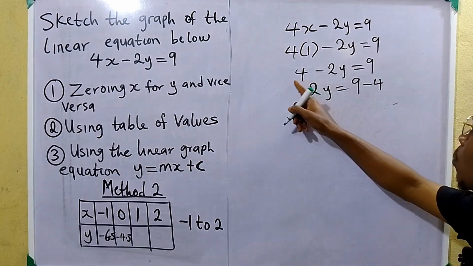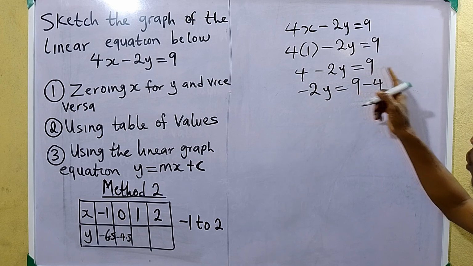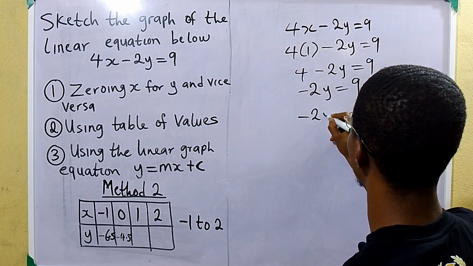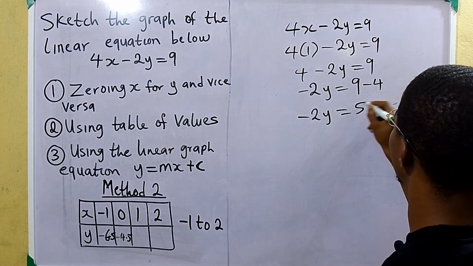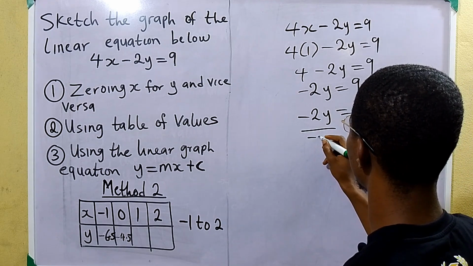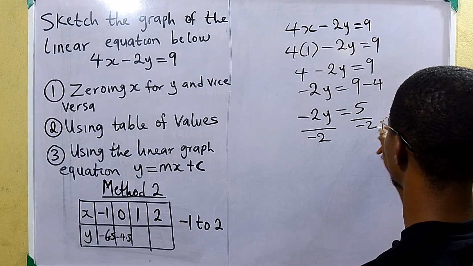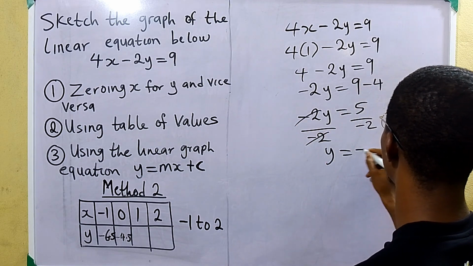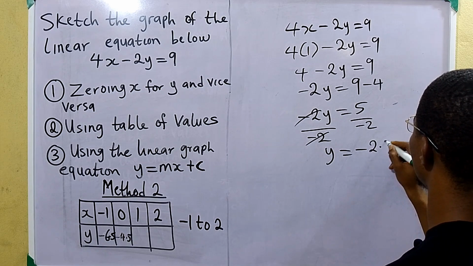This is minus because here is positive. When it crosses over the equation bar, it becomes negative. So our number becomes -2y equal to 5. Dividing both sides by -2, this cancels this. So we have our y equal to -2.5.